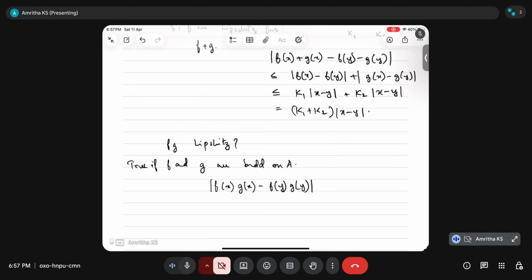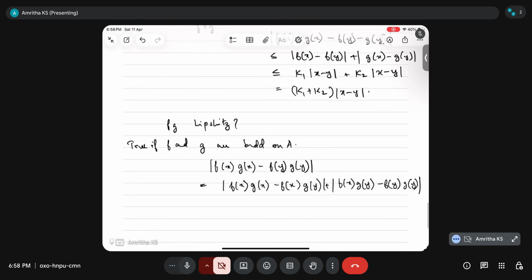Then one will just add and subtract f of x, g of y, and then apply the triangle inequality.